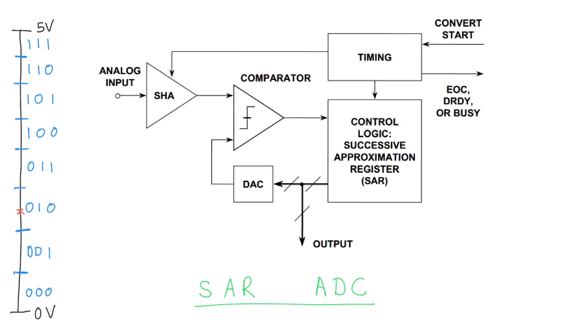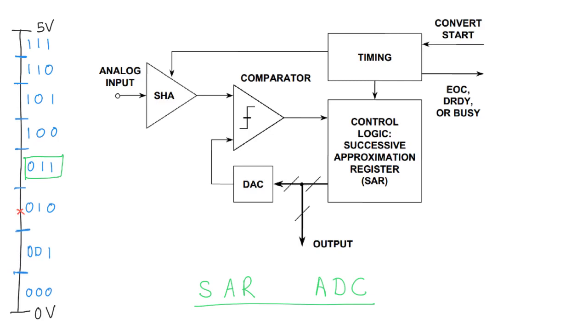So if the analog values that we have are from 0 to 5 volts, and we are doing a 3-bit conversion, then the first number that the control logic gives as an output is the middle value of that conversion. So let's say the middle value is this one, 0, 1, 1. So the first value that is outputted by the control logic is 0, 1, 1.